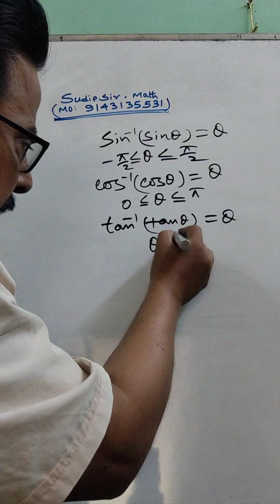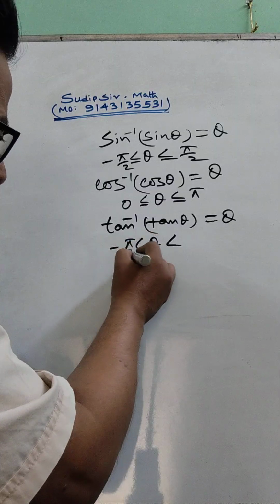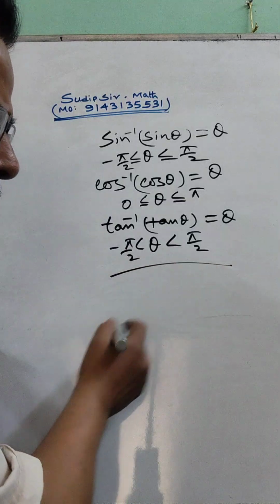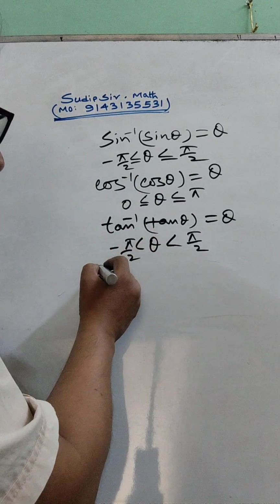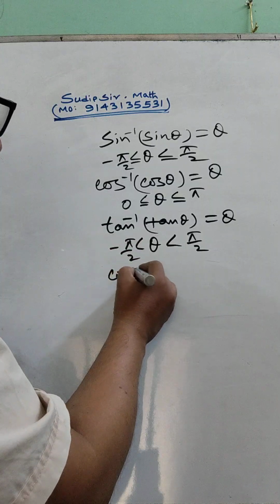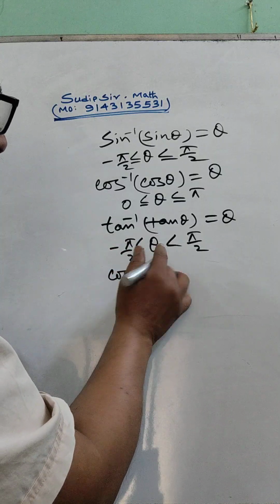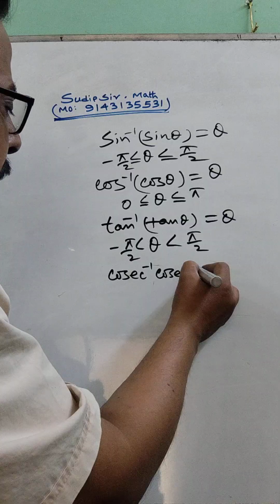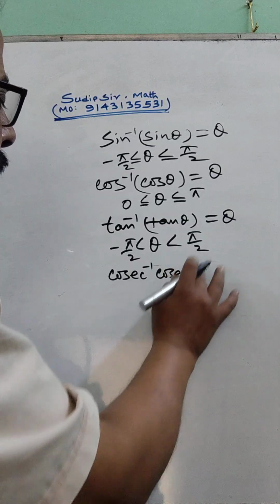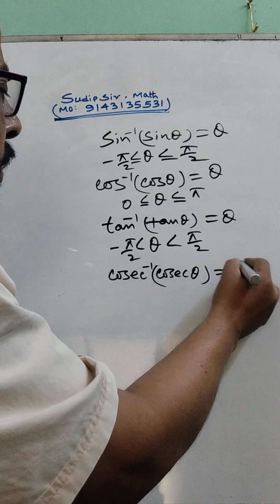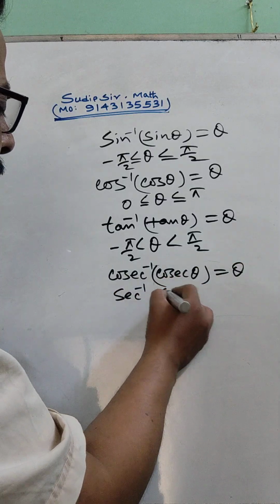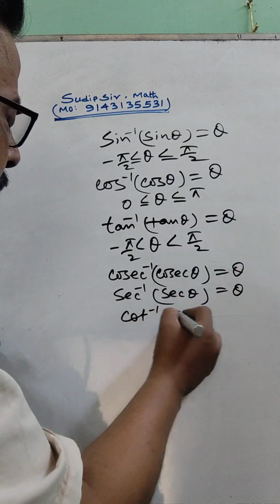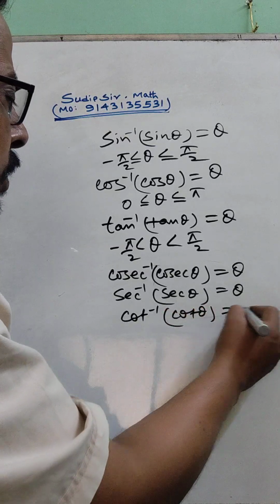So theta must lie between minus pi by 2 and pi by 2, whatever range is given. And the same condition applies for cosec inverse cosec theta equal to theta, sec inverse sec theta equal to theta, cot inverse cot theta equal to theta.